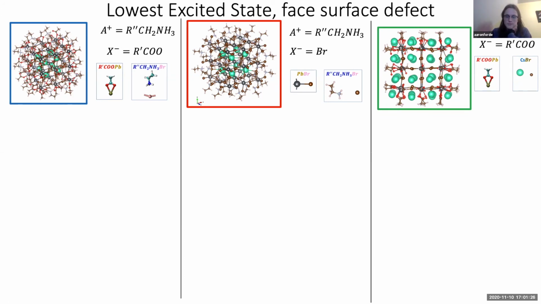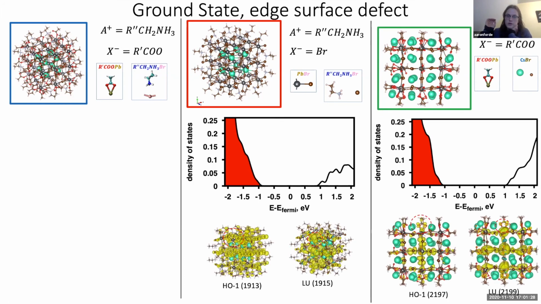And then the next one we'll look at is the ground state electronic configuration, but we have an edge defect on the surface. And by edge, you can make it out in the middle panel. If you look at the HOMO -1 orbital, where there's the red circle, that's where I define the edge defect.